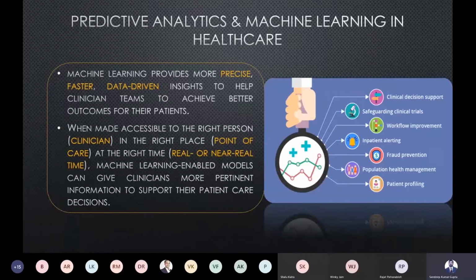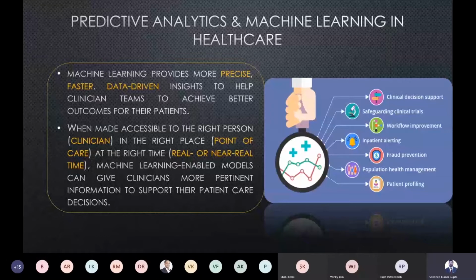Patients having this inpatient alerting, so you can get an alert in real time, you can connect to different IoT devices, you can connect the patient data with maybe the facility, so that an alert can be created as and when required. Likewise for patient profiling, population health management, if we have been observing some sort of deficiency of certain nutrition in a given population, you can take action against that.